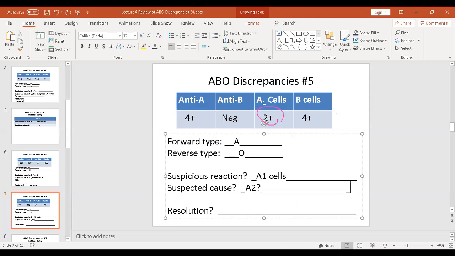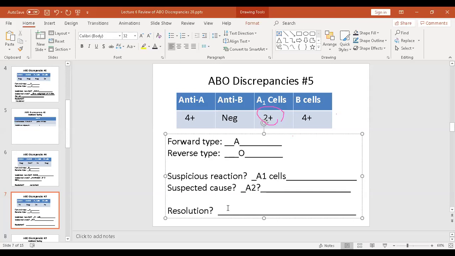And so individuals who are type A2 have a slightly different antigen structure. And so it's entirely possible that someone who is type A2 can make an antibody against A1 antigen because their antigen is different. Okay, so the A1 antigen is different than theirs, and they might have an antibody against A1.